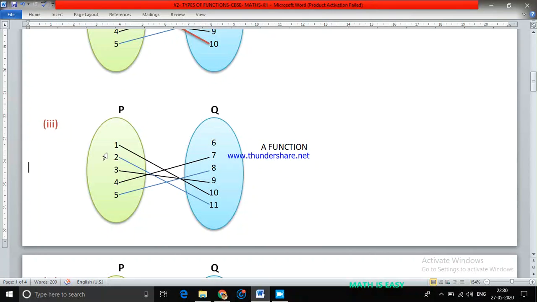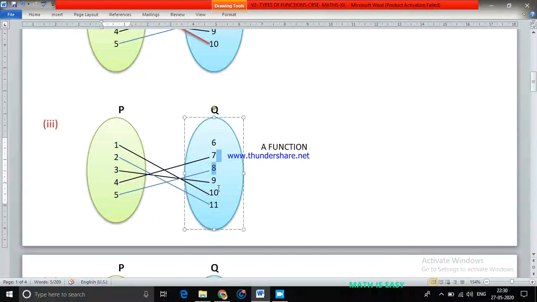This is a function because every element of P has an image and that image is unique. Now we have to check whether it is 1-1 or not. Distinct elements of P have distinct images. Yes, it is a 1-1 function, but I cannot say it is an onto function.